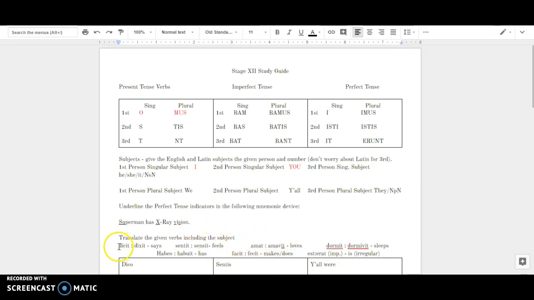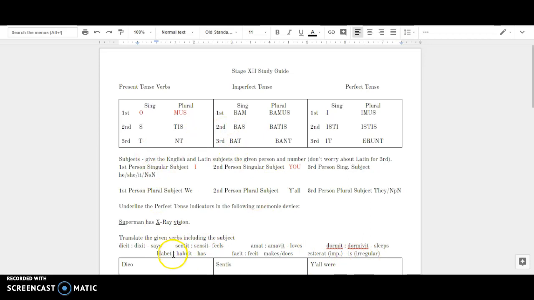The first one, dicit, sentit, amat, dormit, habet, and facit, those are all present tense. Dicit is says, sentit is feels, amat is loves, dormit is sleeps, habeo, that should be habet. Oops. Habet is has, facit is makes, est is. And that's irregular. That kind of does its own thing, so we'll talk about that separately.